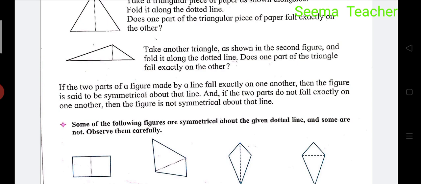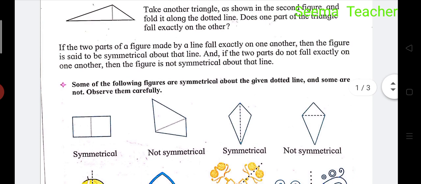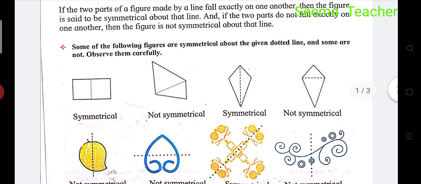Now see here. Some of the following figures are symmetrical about the given dotted line and some are not. Observe them carefully. So look here. This is a rectangle, so it is symmetrical in shape. Also this is a quadrilateral, not symmetrical.